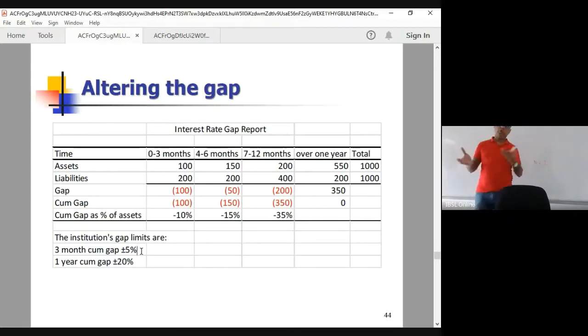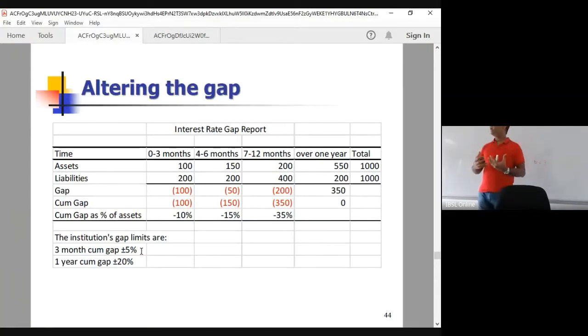So we like to have a variance within 5 to 10% positive or negative gap. Depending on your position, if you have a positive gap, you can make money or lose money based on where interest rates go. If you have a negative gap, you can make money or lose money based on where interest rates go.